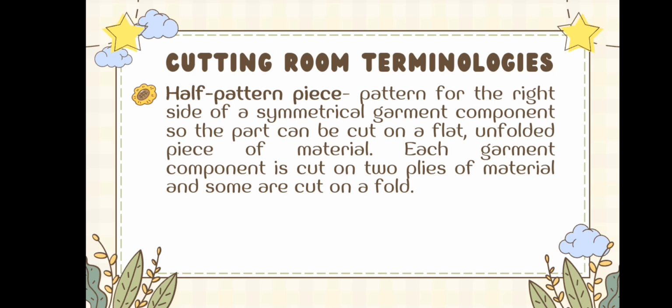So we are mostly using the half pattern piece. So for example, we have a half front. So sometimes the front is open. So only the half is what we use, with the allowance. And then the back is mostly folded so that when the fabric is opened after cutting, it can be joined together.